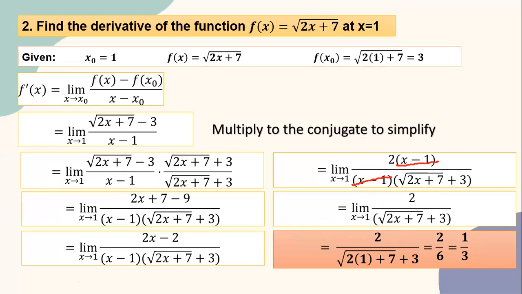Evaluating the limit, we just have to substitute this value to the x. So we have 2 over square root of 2 times 1 plus 7 plus 3, which will give us 2 over 6. Simplify the fraction, and that gives us 1/3.